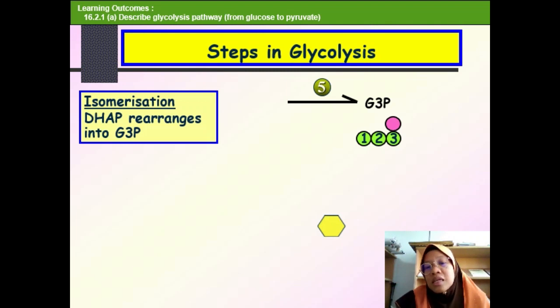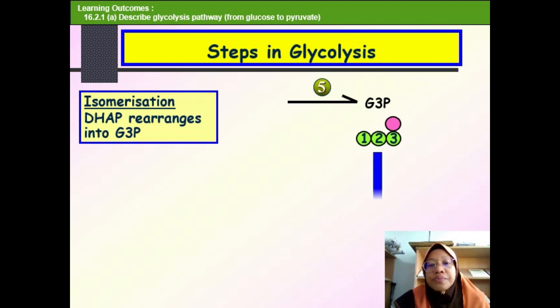Dan energi yang diriliskan tu cukup untuk mengikat inorganic phosphate dalam sel kepada molekul G3P.